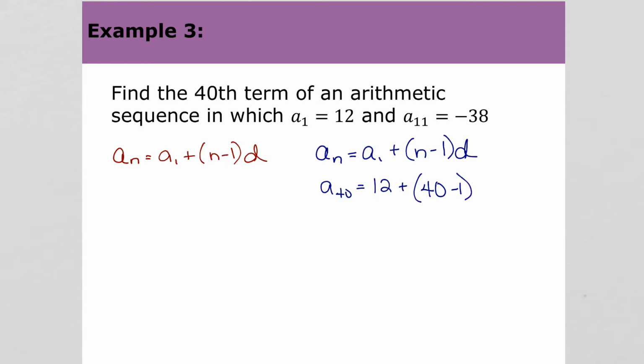So back over here, we're going to use the same formula with these two terms to find d. So a sub 11 was negative 38. a sub 1 is 12. And since we're looking at a sub 11, then n here is 11. And then we're just going to solve our equation for d.